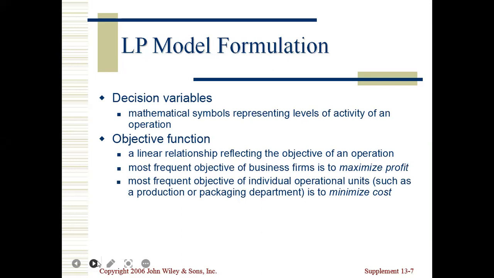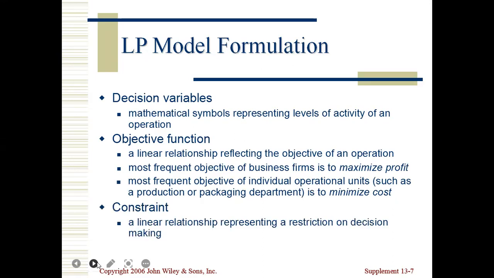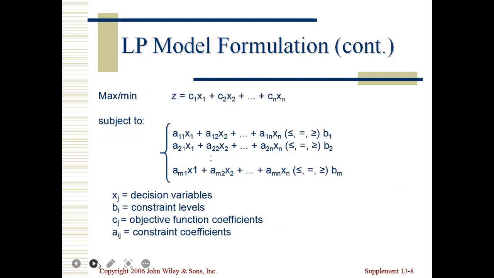The most frequent objective of individual operational units such as a production or packaging department is to maximize or minimize cost. And constraints are linear relationships representing a restriction on decision making.